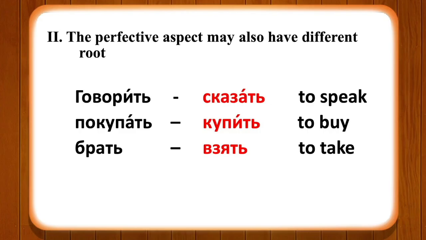And the third way was the perfective aspect may also have a different root, in the examples like govorit, skazat, where govorit is the imperfective and skazat is the perfective. Pokupat, imperfective, kupit, perfective. Brat, imperfective, vzyat, perfective.